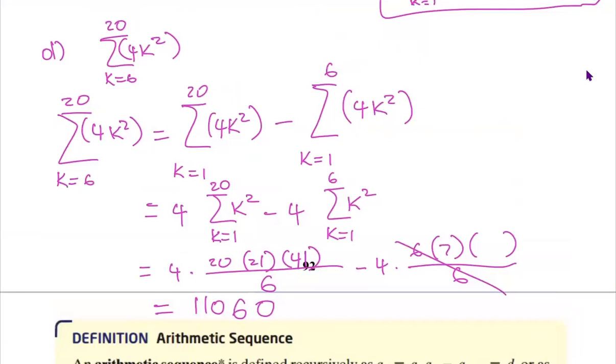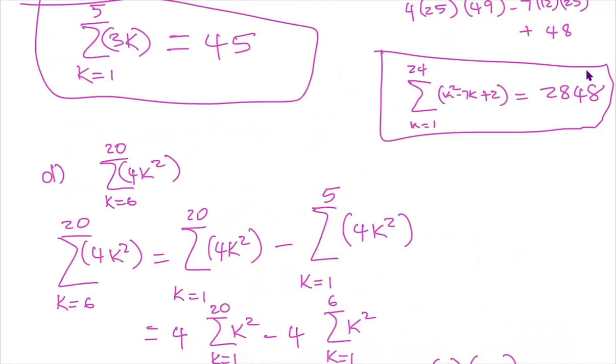It should be 5, because we stopped at 6, so 6 is already included. So we go from k equals 1 to 20, and then we have 5 left, because you've got 1, 2, 3, 4, 5, and 6, and so on up to 20.